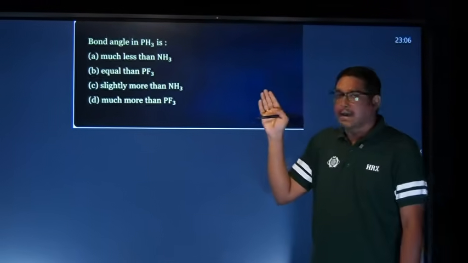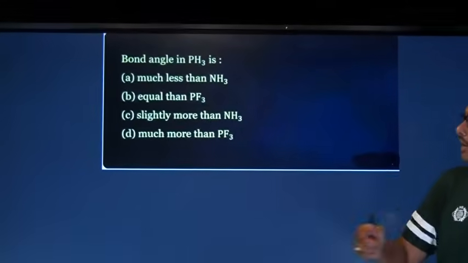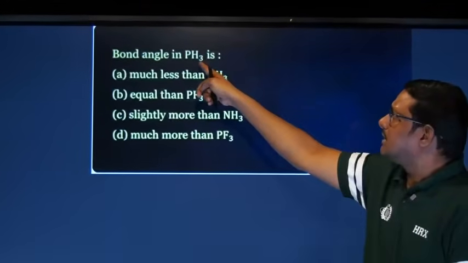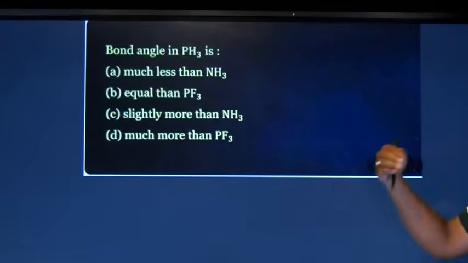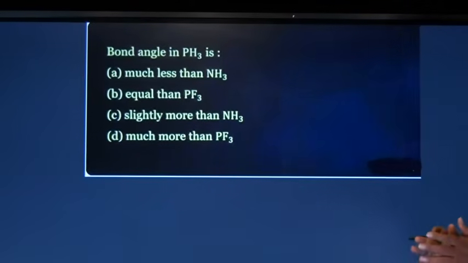No doubt, ammonia has a high bond angle, 107. So as compared to ammonia, the PH3 molecule has a low bond angle. That means the correct option should be: the bond angle of PH3 molecule is lesser than ammonia.